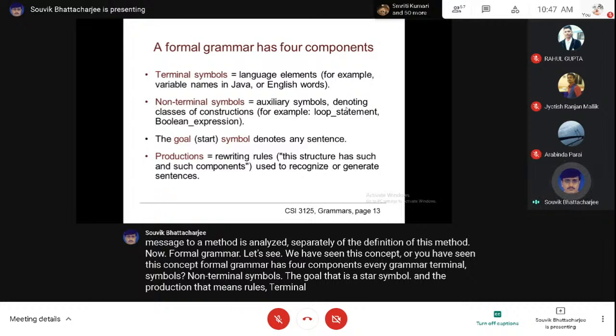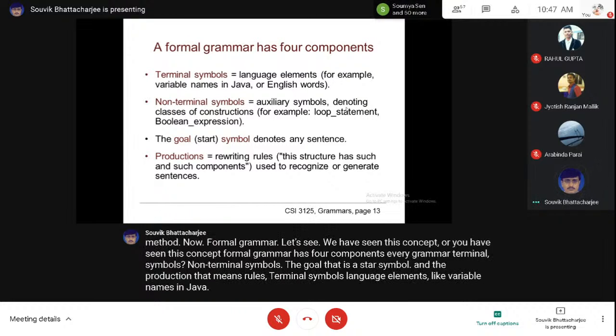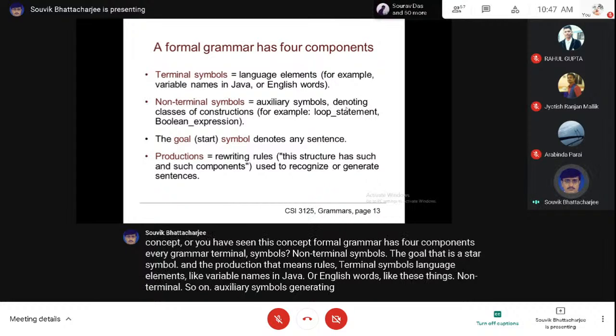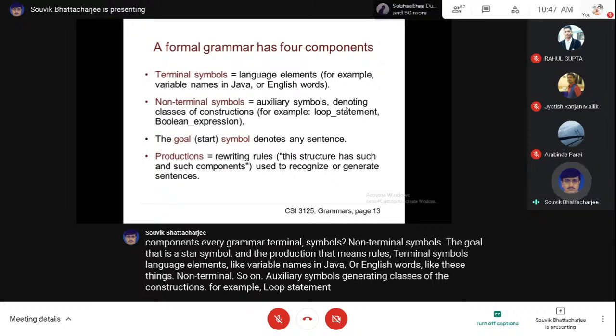Terminal symbols are language elements like variable names in Java or English words. Non-terminals are auxiliary symbols denoting classes of constructions, for example, loop statements and Boolean expressions. These are the non-terminal symbols.